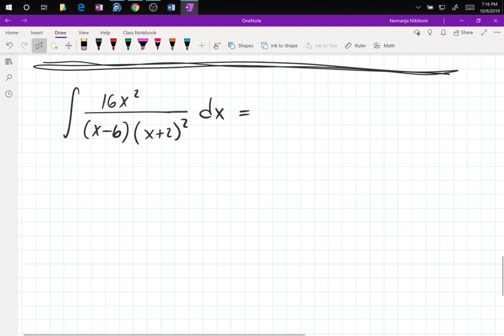And then you just have to do x plus 2 squared minus x plus 6. That has to be above. Because this one already has x plus 6.